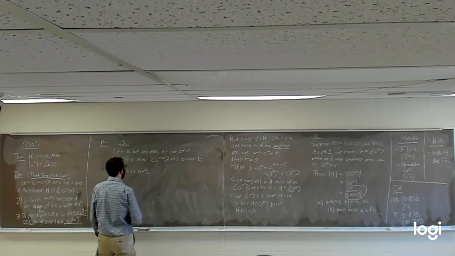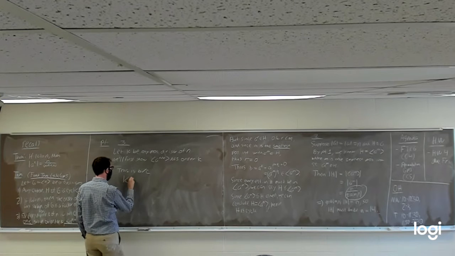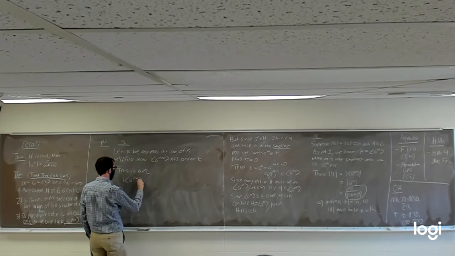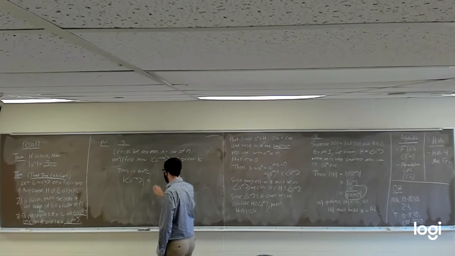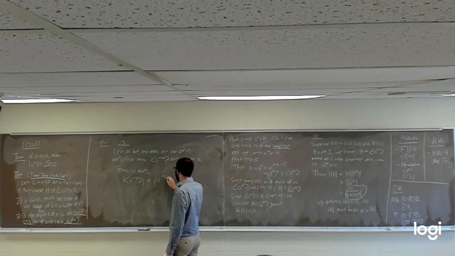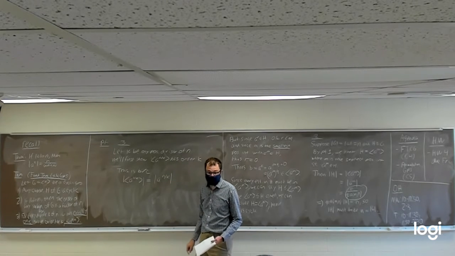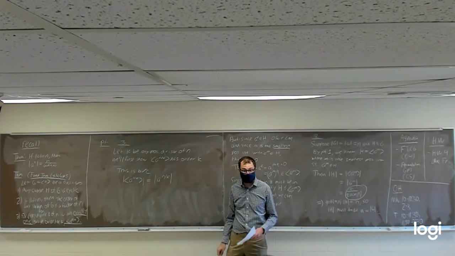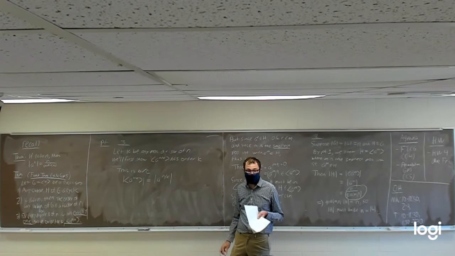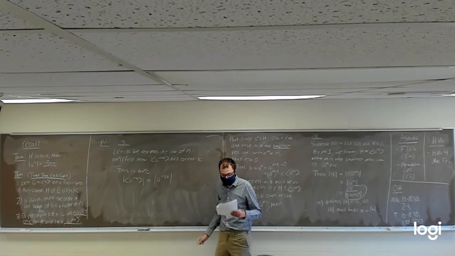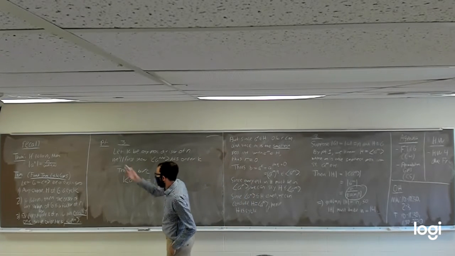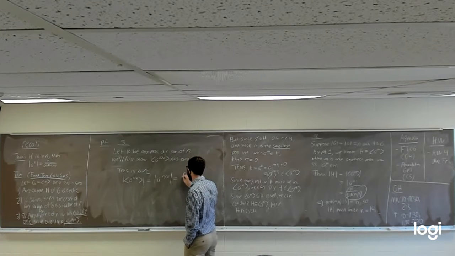Well, this is actually pretty quick to do, because the order of the group generated by a to the n over k is just the order of the element a to the n over k, in other words, the smallest positive integer power to which we can take it and get the identity element. We can use our theorem to say this is n divided by the GCD of n and n over k.